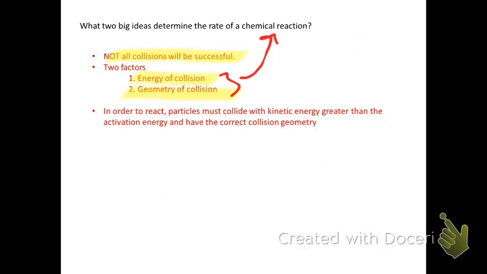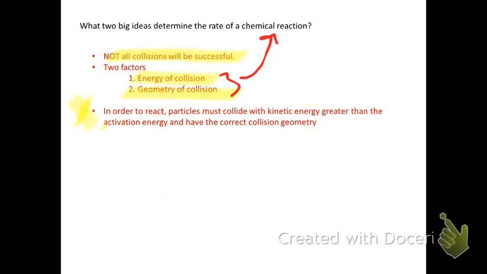This is a really important statement: in order for reactant particles to react, they must collide with kinetic energy greater than what is known as the activation energy. And they have to have the correct geometry. So let me put this statement in your notes.